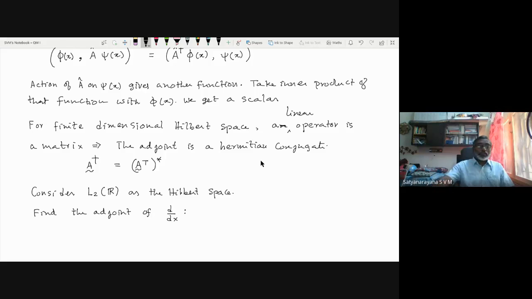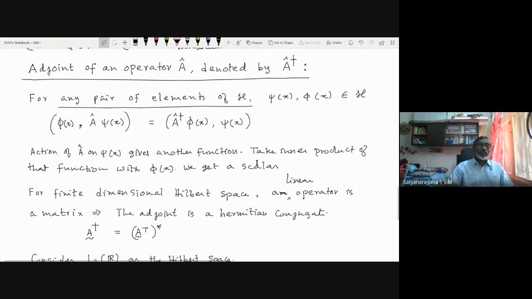So how do we do this? We have to use this definition. This is the definition for the adjoint of an operator.